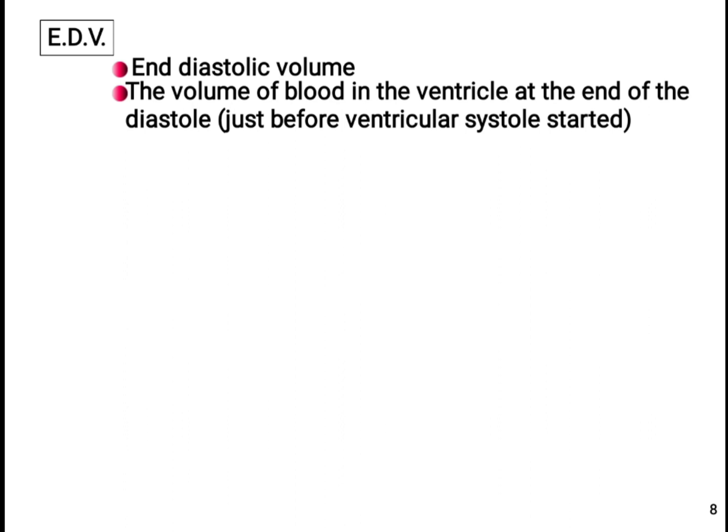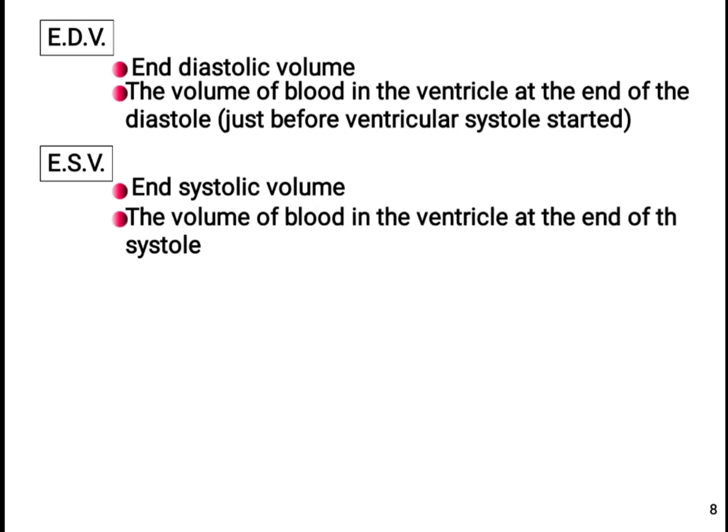We said it is 80% of the blood that usually goes into the ventricles, 80% of the 120 mils. And then the ESV, the end systolic volume, is the volume of blood in the ventricles at the end of systole.